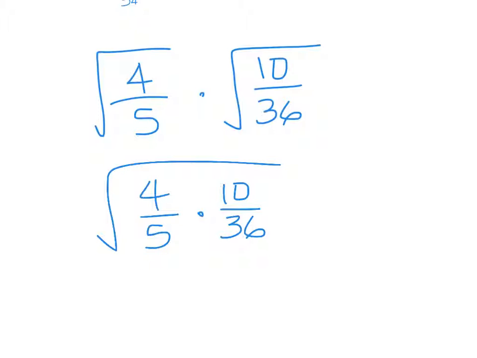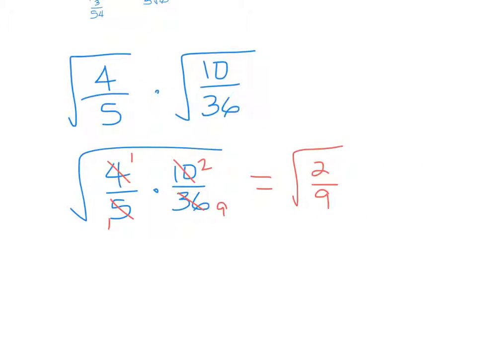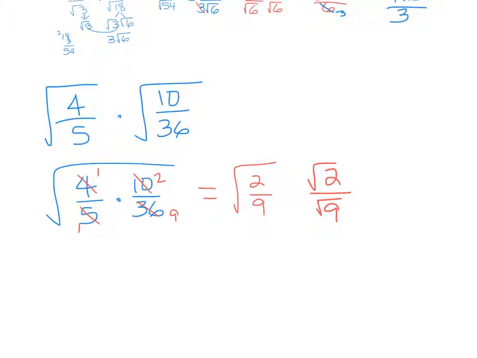Remember, you could simplify the fractions before you multiply. Make that a 1, make that a 2, make that a 1, make that a 9. And then you get 2 over 9. Then you can pull it apart. And then you could square root the 9 and leave the square root of 2 in the top. So be able to work with fractions.